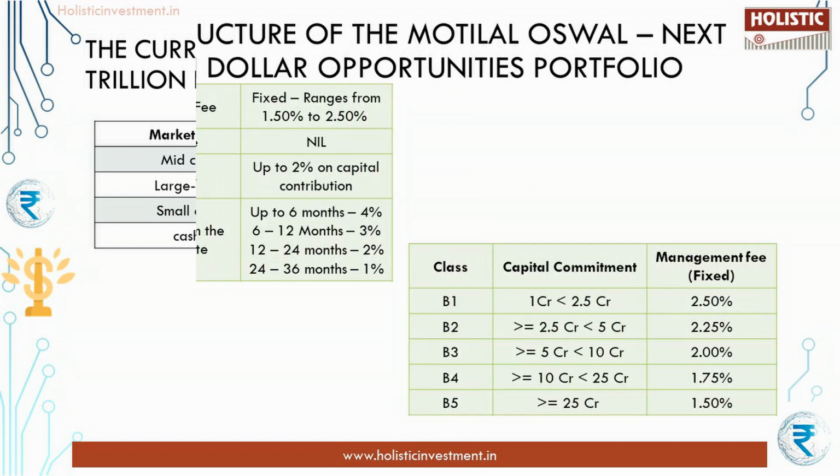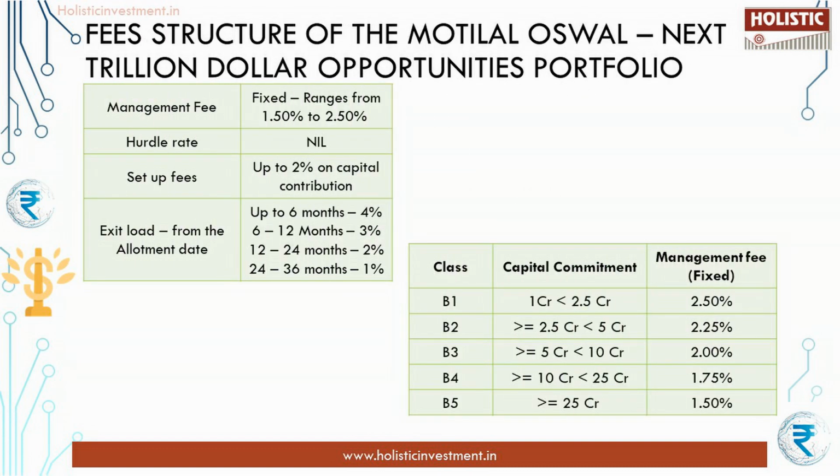The following table clearly shows the various fees charged under the fund. Depending upon the lump sum investment amount, a fixed management fee is charged ranging from 1.5% to 2.5%. In addition, it has an initial setup charge with a cap of 2%. There is no hurdle rate. Hurdle rate refers to the rate of return which the fund manager must beat before collecting any fee, but such a hurdle rate is missing in this fund.